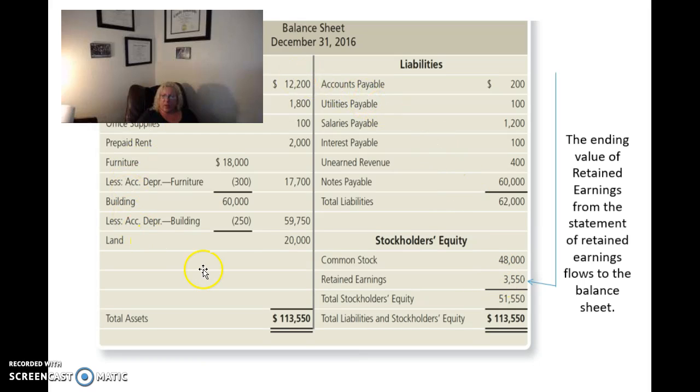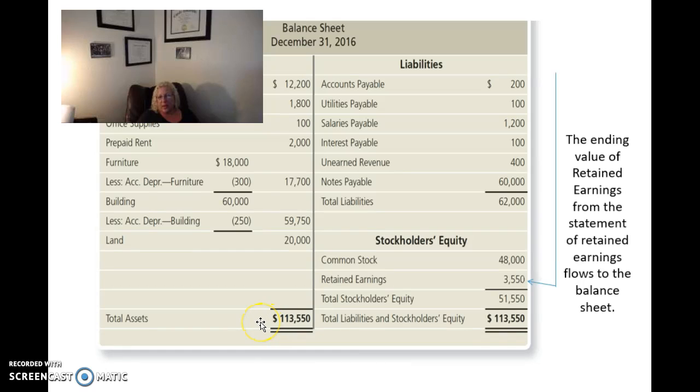Okay, so this is what the balance sheet looks like. We have the assets on the left, and we have the liabilities and the stockholders' equity on the right. Just like the accounting equation, assets equals liabilities plus stockholders' equity. So this is what I mean when I say you can see the accounting equation in action here. We have the assets on the left. We have the liabilities and stockholders' equity on the right side of the equal sign.